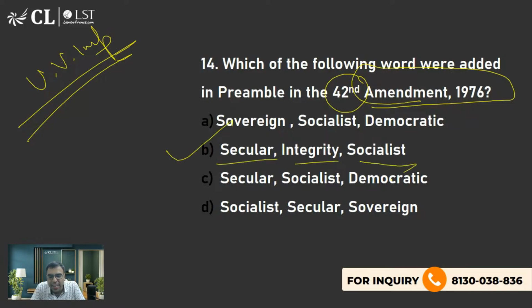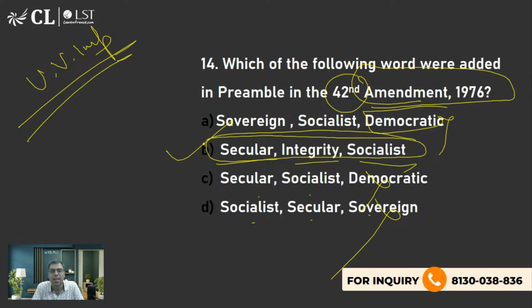Socialist, secular and integrity. Democratic word already था, ये तो होगा नहीं. Socialist, secular, sovereign, नहीं, sovereign भी word था. These 3 words were added. Socialist, secular and integrity. This is very very important. So these are asked in many exams. तो आपको एकदम पता होना चाहिए, है ना. SSI, socialist, secular, integrity. B is the right answer.